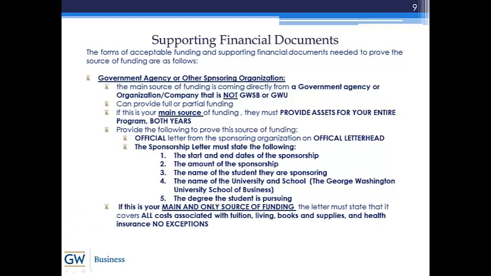And if this is your main and only source of funding, the letter must state that it covers all costs associated with tuition, living, books and supplies, and health insurance, no exceptions.